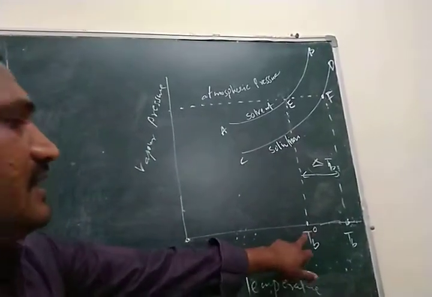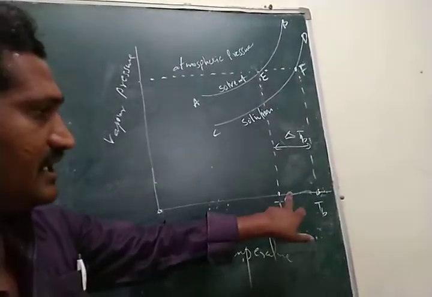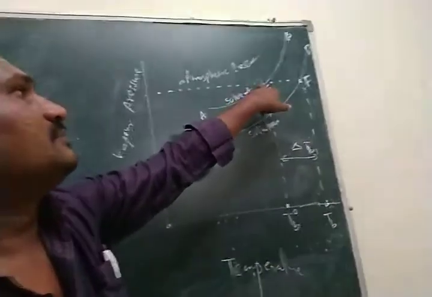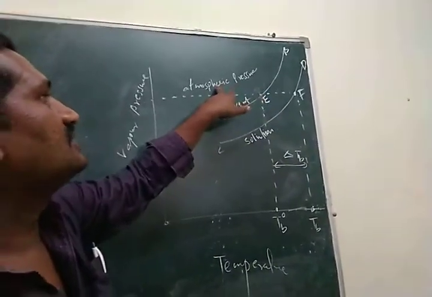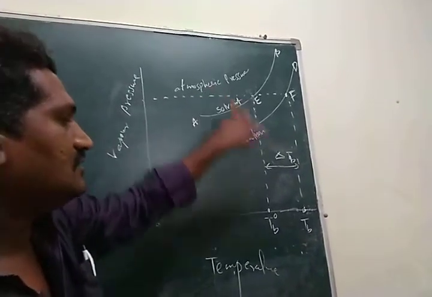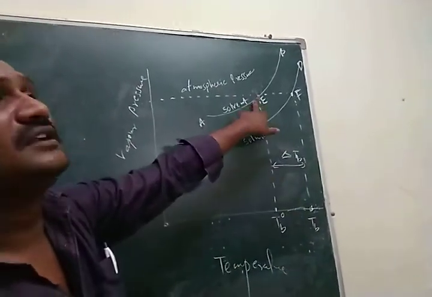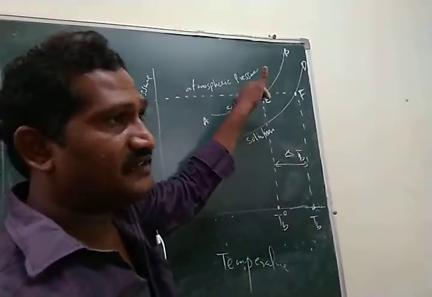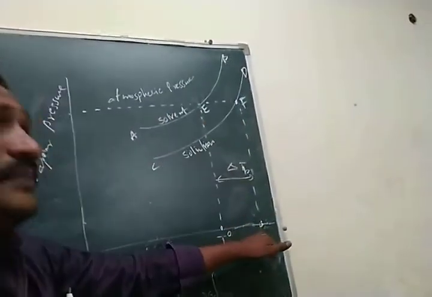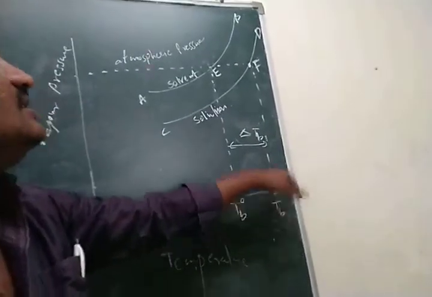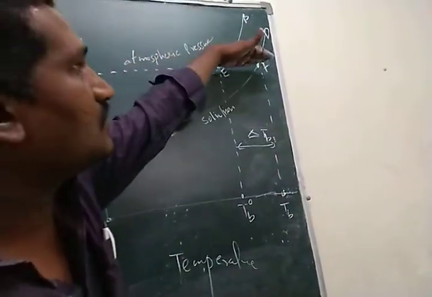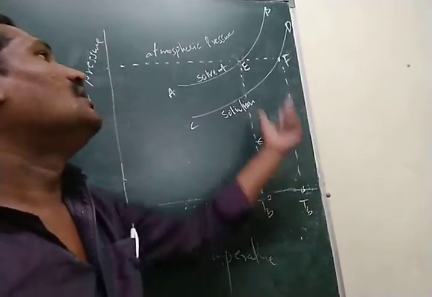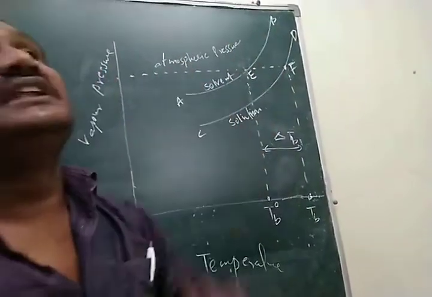So the temperature at which the pressure of the solvent is equal to atmospheric pressure is called the boiling point of that solvent. Here the liquid may be a pure liquid or a solution. At whatever temperature their pressures are equal to atmospheric pressure, those temperatures are the boiling points of those liquids.